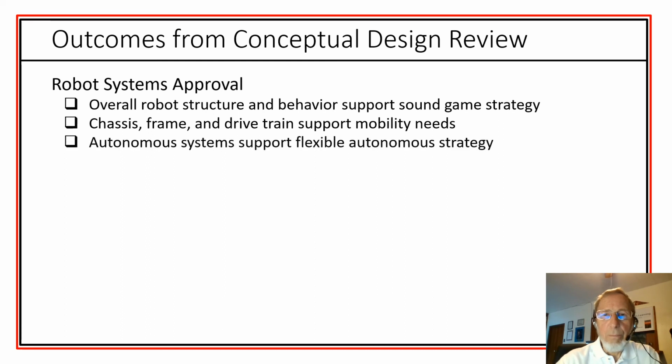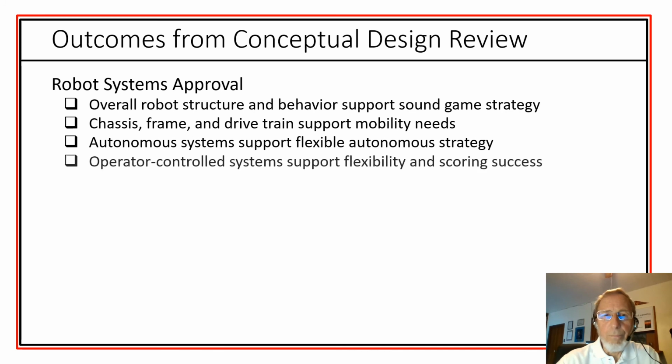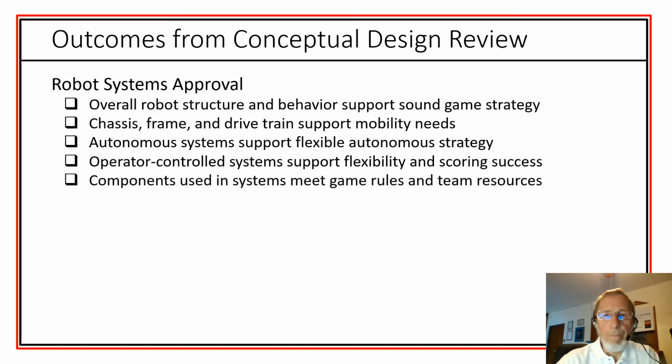Your autonomous systems, are they going to be functional and flexible? The operator control systems, they need to review and see that those can score successfully and be flexible in case conditions change. And do you have components that meet the game rules?